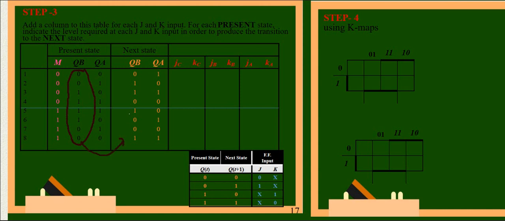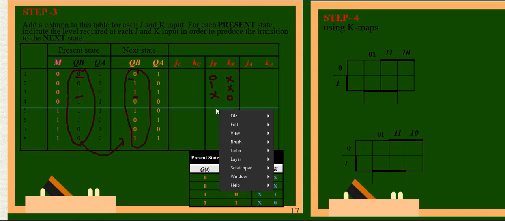In the first row, both are 0 to 0, so it is 0 don't care. Then 0 to 1 is 1 don't care, then 1 to 1, so it is don't care 0, and the last state, 1 to 0, is don't care 1.